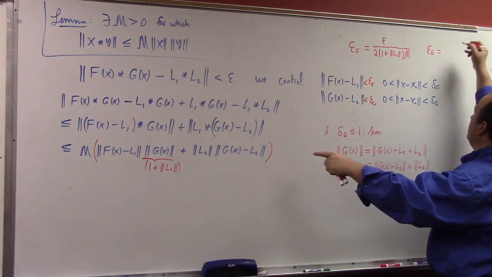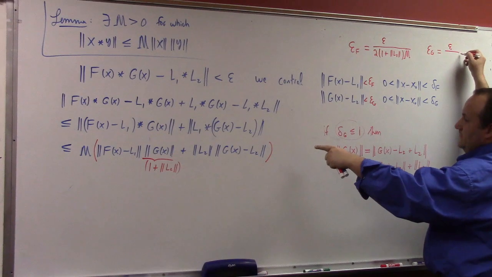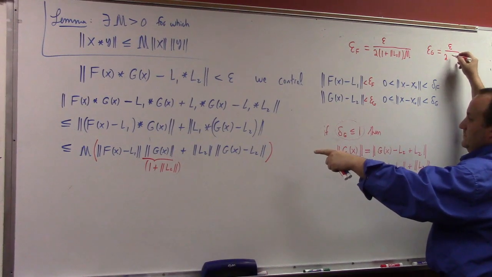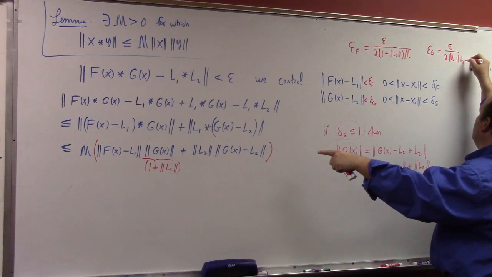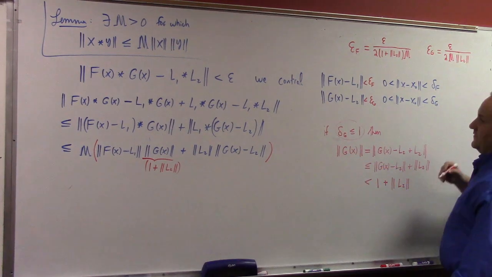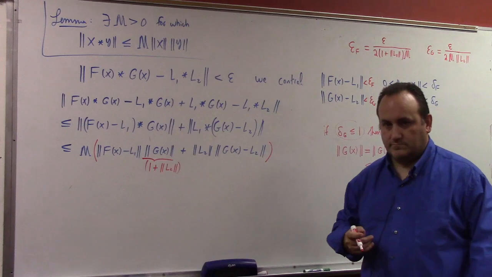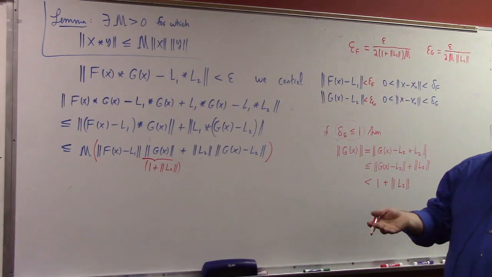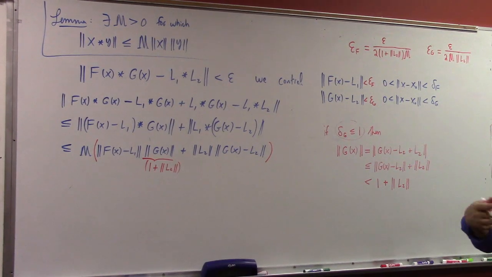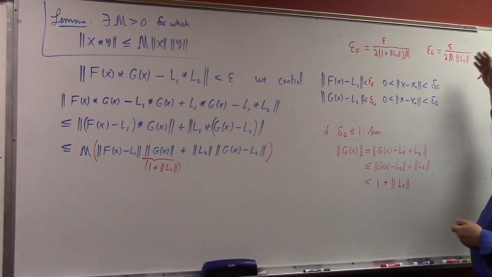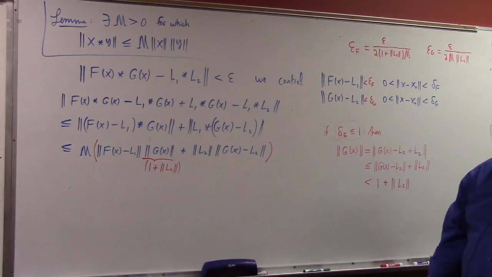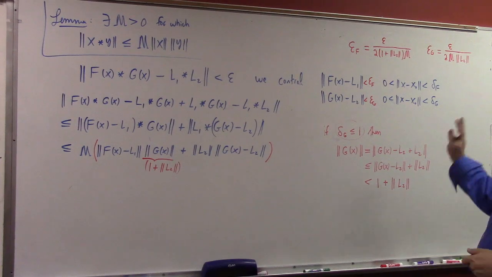So there I would want epsilon over 2 times M times the norm of L2. If the norm of L2 is equal to 0, we need a separate argument there that's easier. So otherwise this is troublesome, although I probably could dress that up by adding 1 or something smart. I'm not going to be smart, I'm just going to leave it like that.